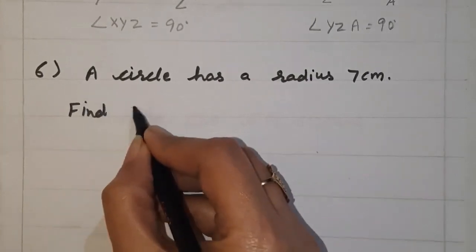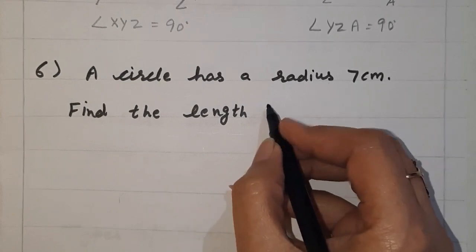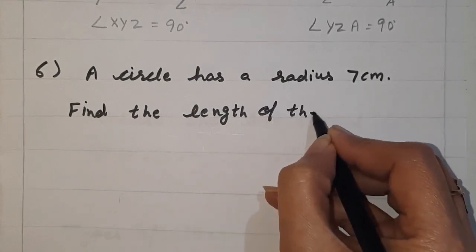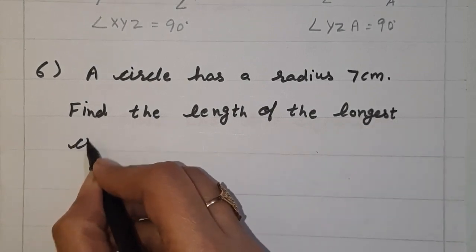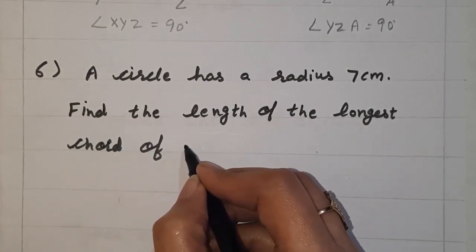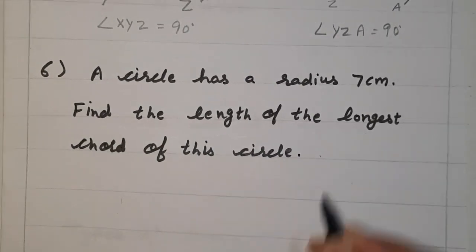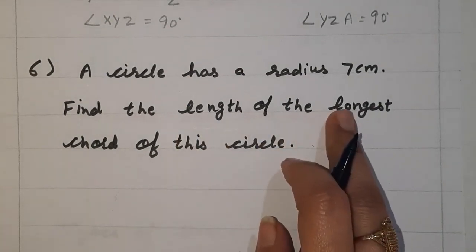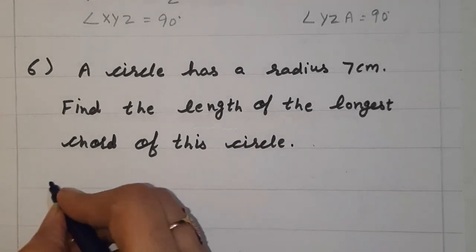Find the length of the longest chord of this circle. Now see, a circle has radius 7 centimeter. This question will tell us the relation between radius and diameter. Okay, I will explain you the relation with the help of this question.